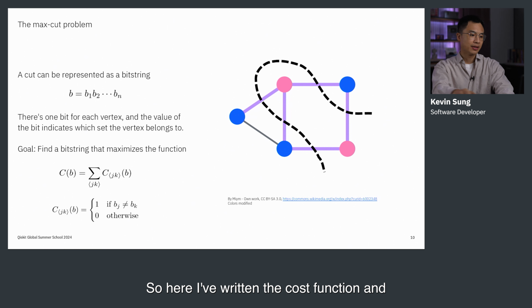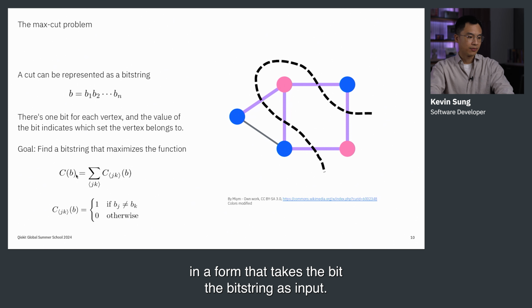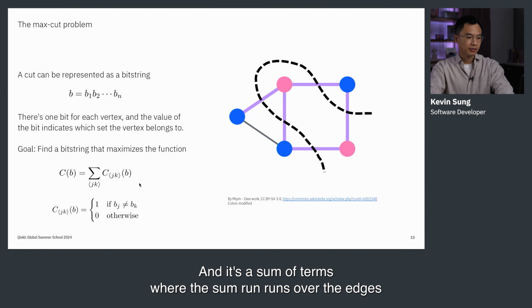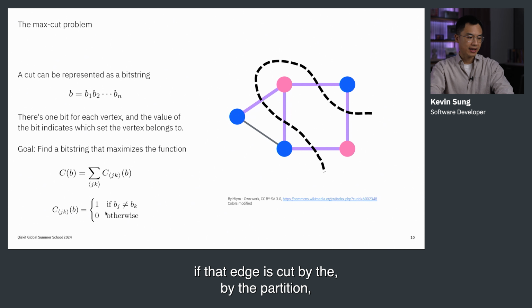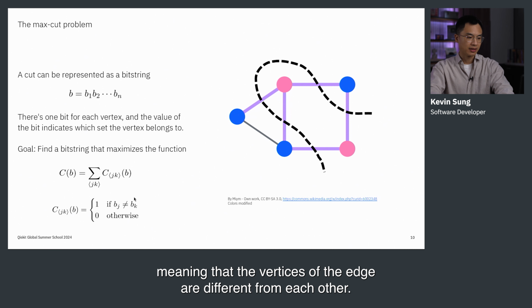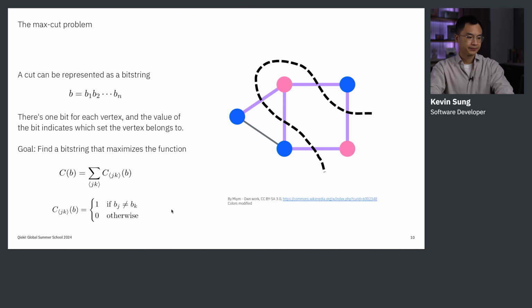Here I've written the cost function in a form that takes the bit string as input, and it's a sum of terms where the sum runs over the edges, and each edge will contribute a 1 if that edge is cut by the partition, meaning that the vertices of the edge are different from each other.